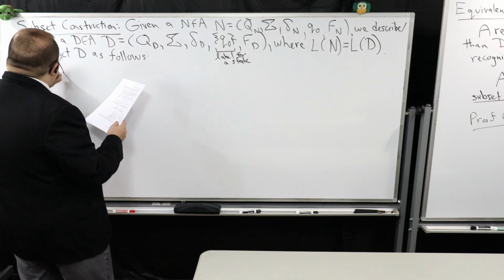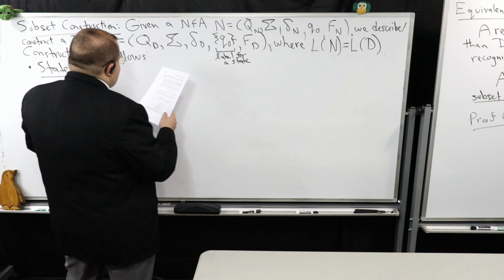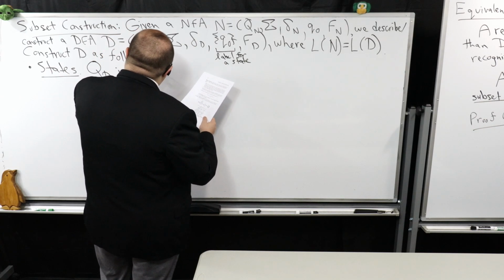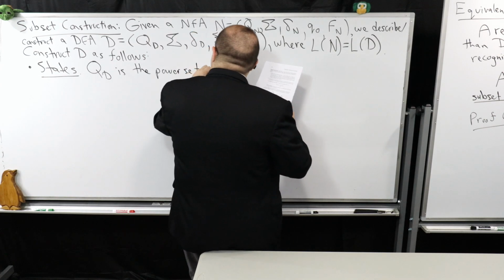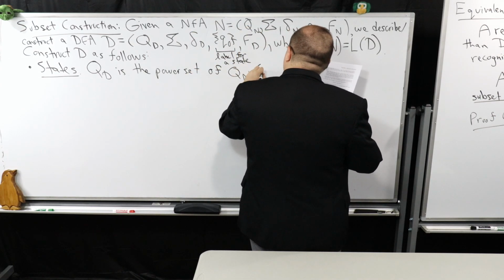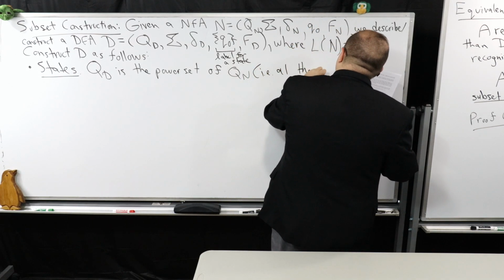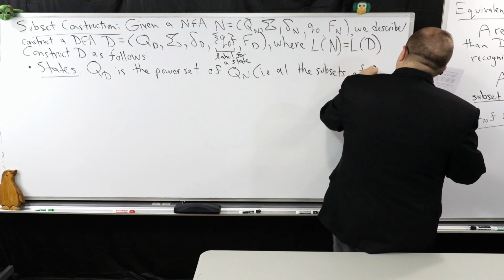So first I'm going to describe how you build the states. QD is the power set of QN. If you're not sure what that is, remember we talked about this. It is all the subsets of QN.